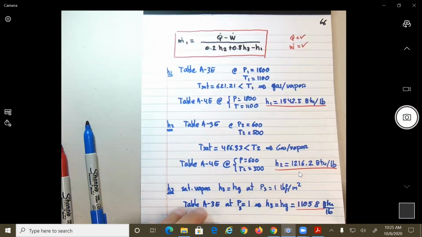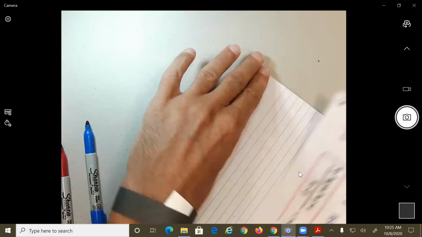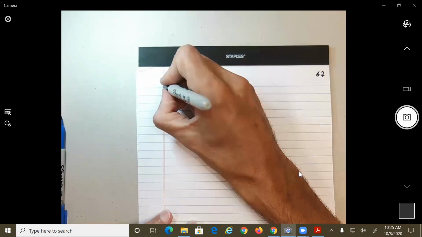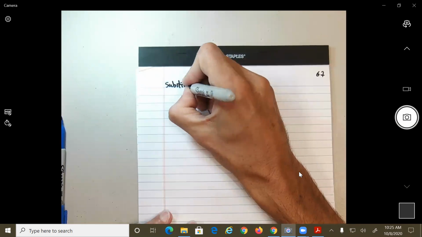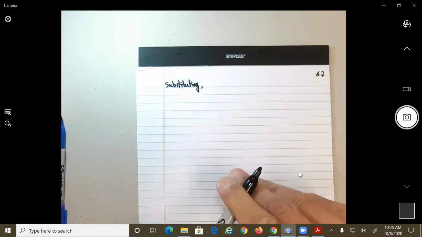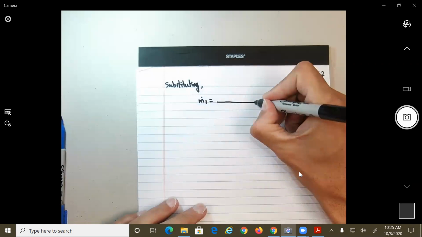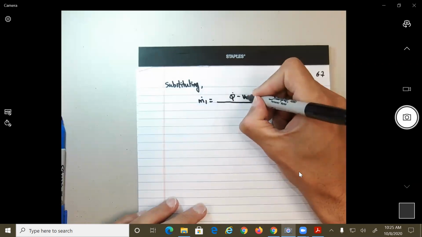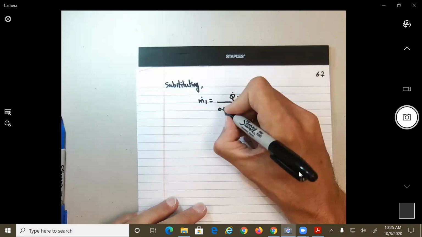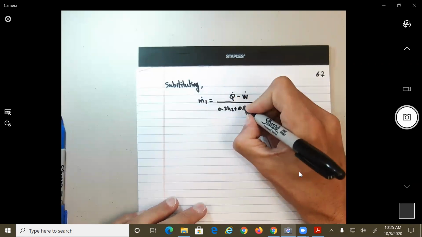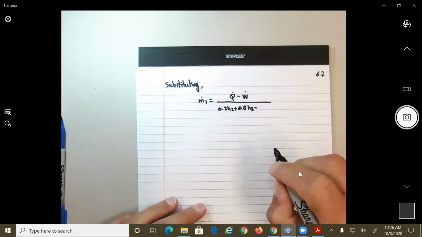Alright, so I want to go to the next page. So substituting into the expression we had before, m dot 1 equal to heat transfer minus power over 0.2 H2 plus 0.8 H3 minus H1.